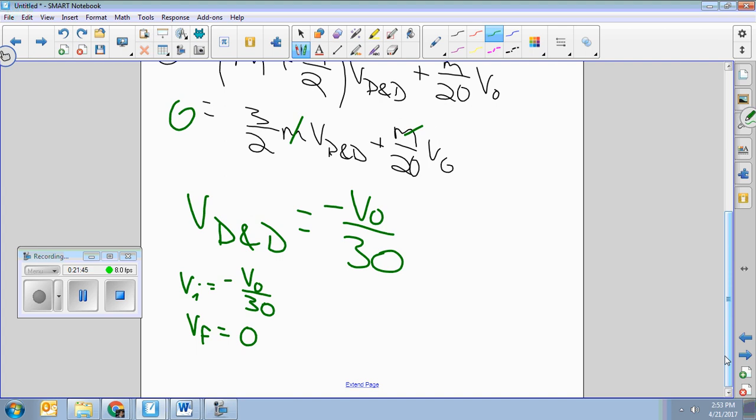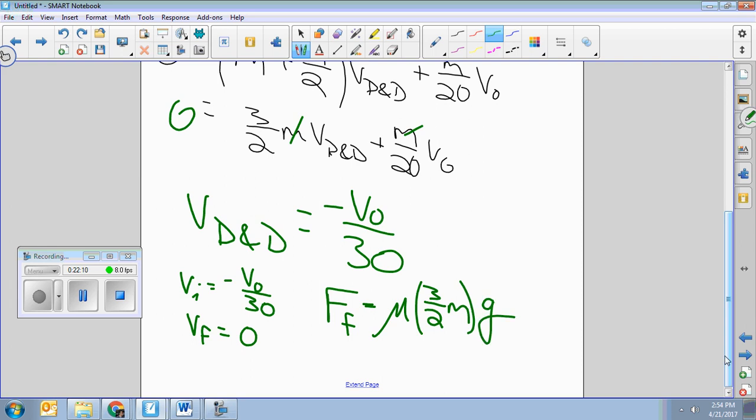It tells us that our coefficient of friction is mu. So that means that our force of friction has got to be mu times our normal force, right? Well, our normal force is just the mass, which is 3/2 m. Why 3/2 m? Because the guy's still standing on it, right? Times g, right?